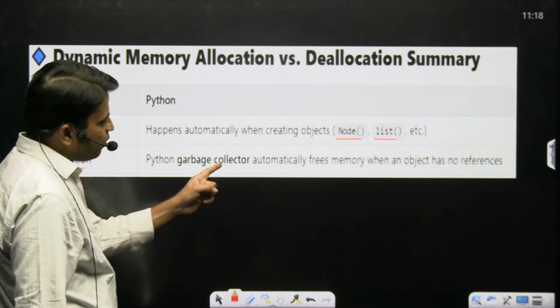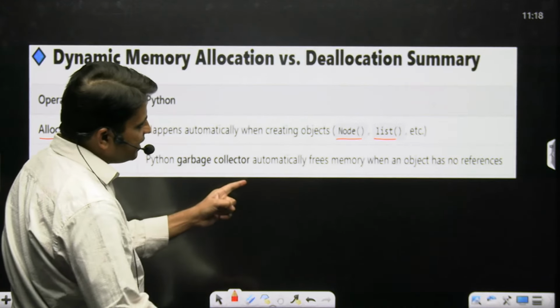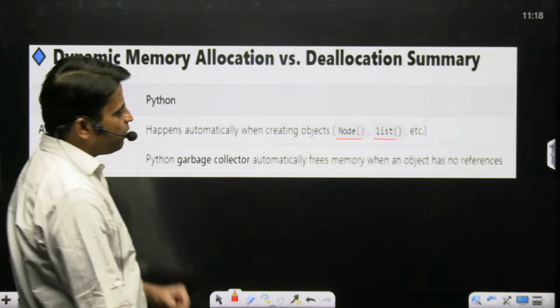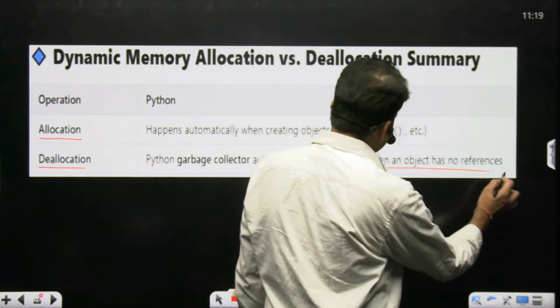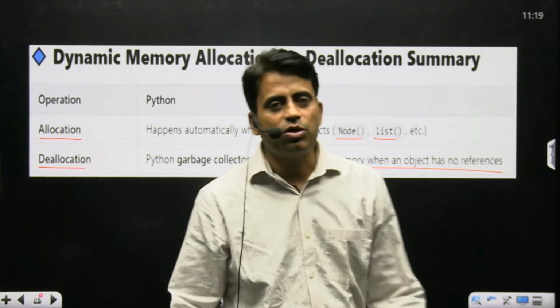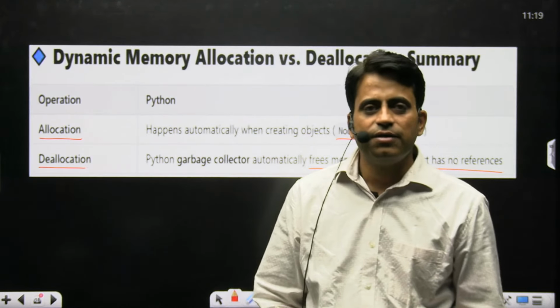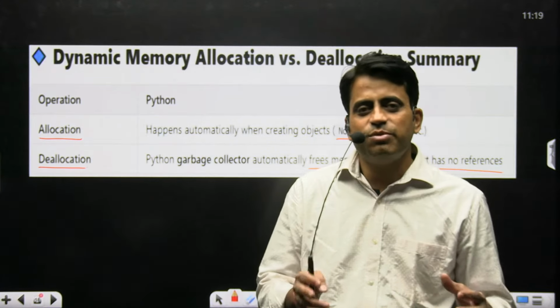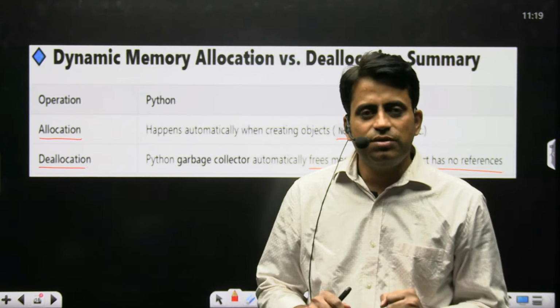The Python garbage collector automatically frees memory when an object has no reference, and automatically deallocates memory. All right. So no need to explicitly free memory, like in C programming. Understood, student?